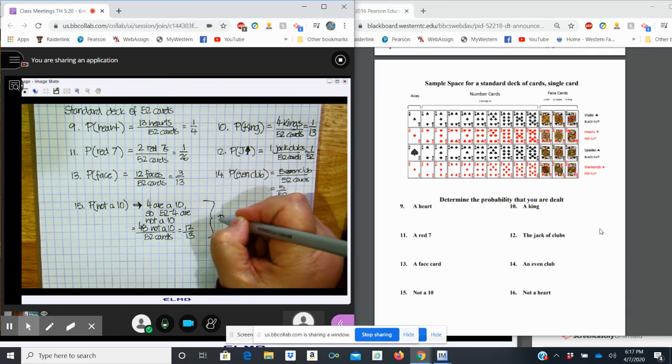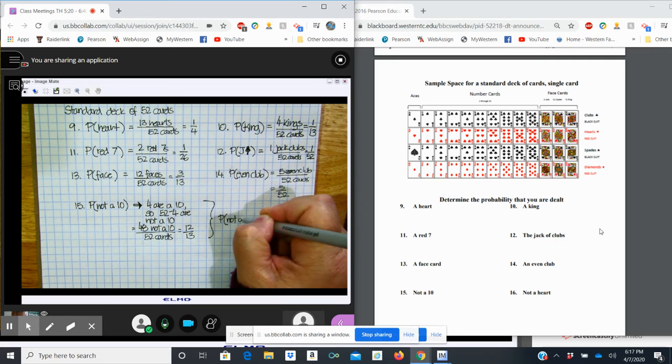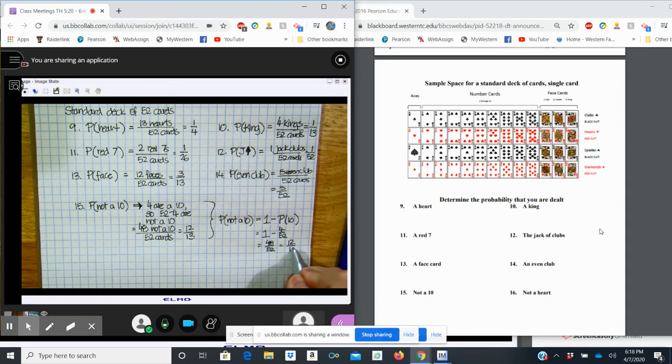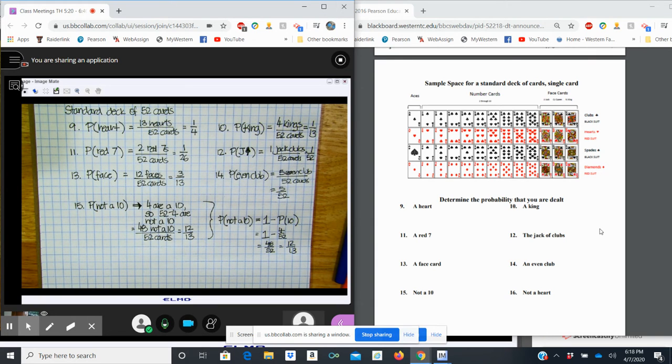We can rewrite this as 1 minus the probability that we got a 10, or 1 minus 4 out of 52, which is 48 out of 52. I like doing those that way because it's often faster.